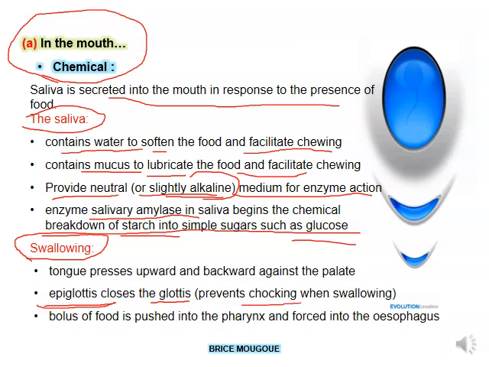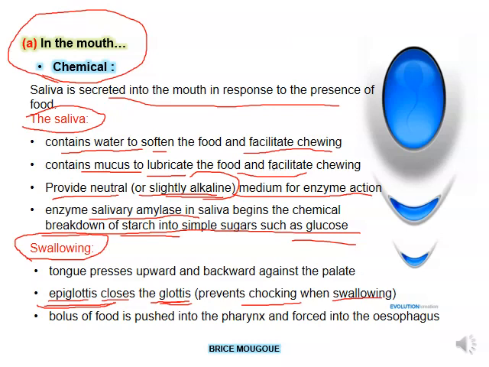That's why when you are eating and swallowing while talking, the epiglottis might not close the glottis and food particles will fall into the trachea and you will choke. The choking is a reflex action to assist you in coughing out that food particle, otherwise it's going to cause infection to the lungs. So during swallowing, the normal action is such that the epiglottis will close the glottis.